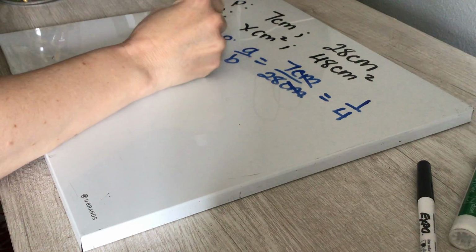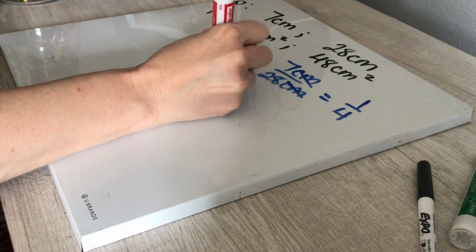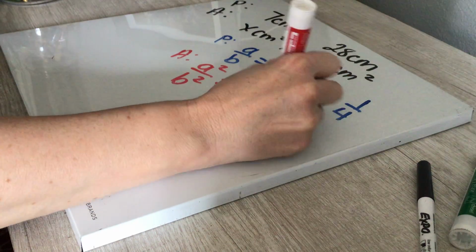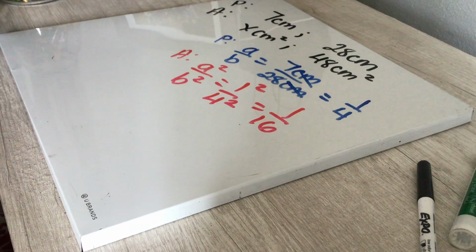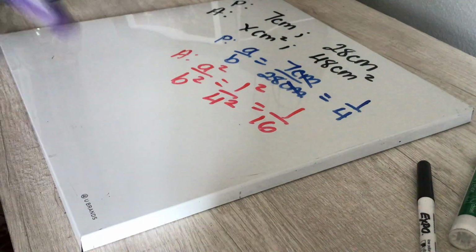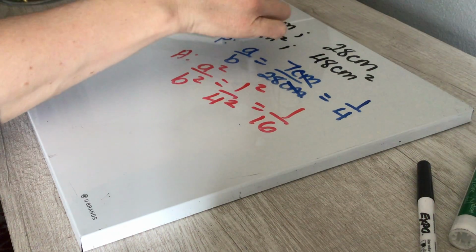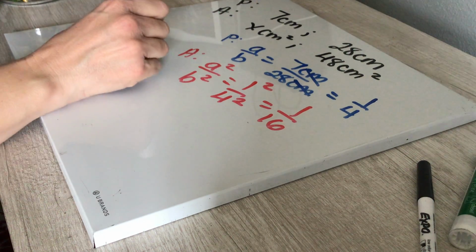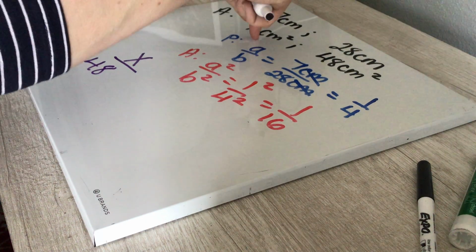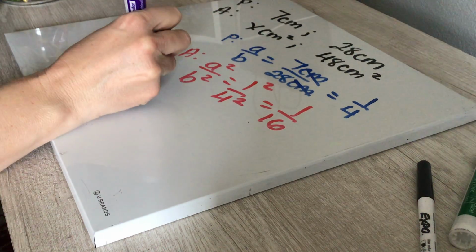The ratio of the areas is going to be A squared over B squared, so 1 squared over 4 squared. The ratio of the areas has to be 1 to 16. So the ratio of our areas is x over 48, because we don't know this area, but we know this area is 48.